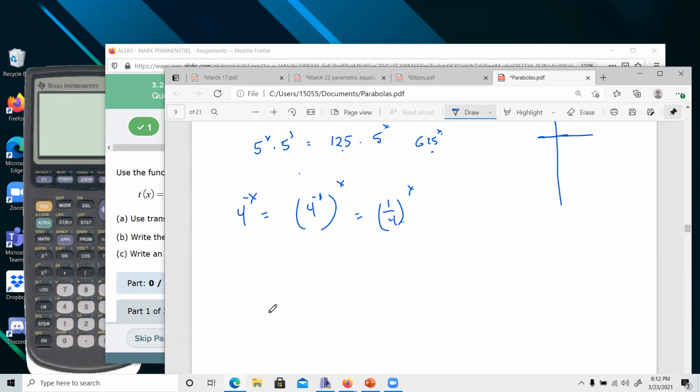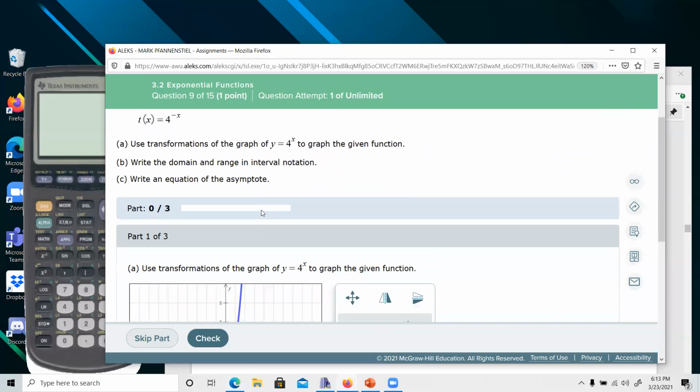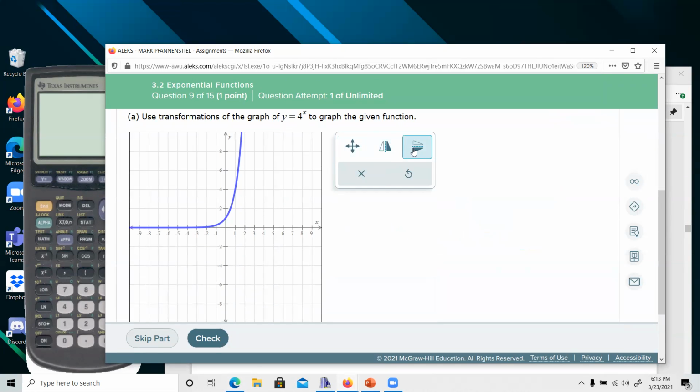But remember that the negative on the x there, that was a horizontal flip. If you had a function like that, it flipped it over here for the f of negative x. And the same thing is going to happen. It's a flip left and right. So we're going to flip it that way.